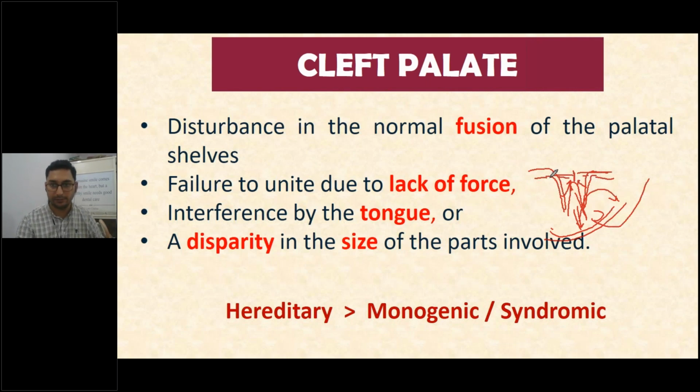And the third is disparity in size, meaning this shelf is longer or larger and this is smaller. Because of the disparity in size of these two shelves, there is lack of fusion. So three reasons, and these three reasons are important and can come as three options in the question: one is lack of force, second is the tongue interfering between the two shelves, third is disparity in size of the two shelves.